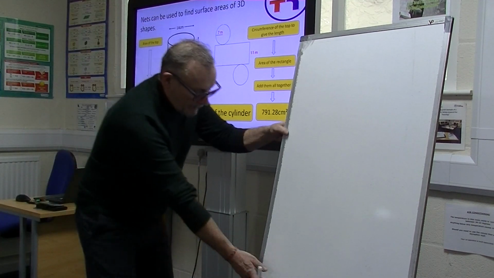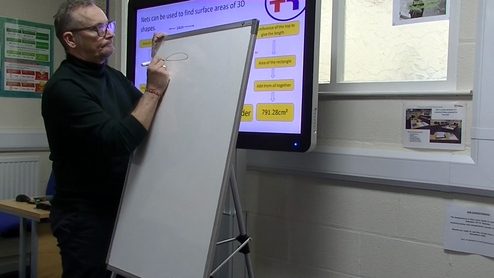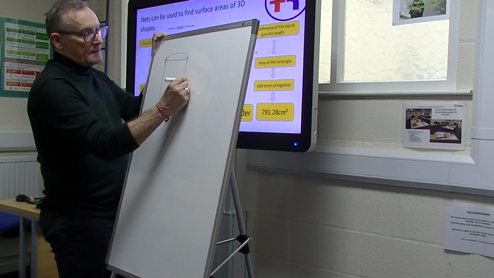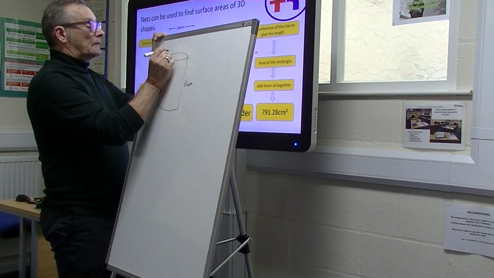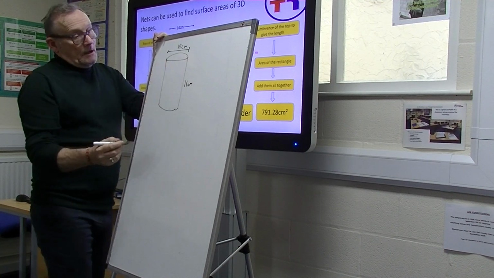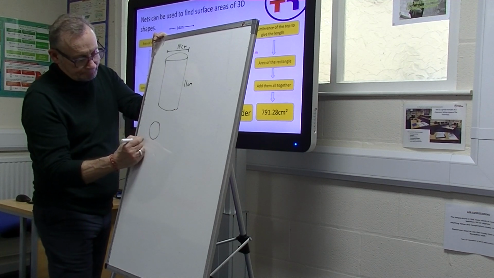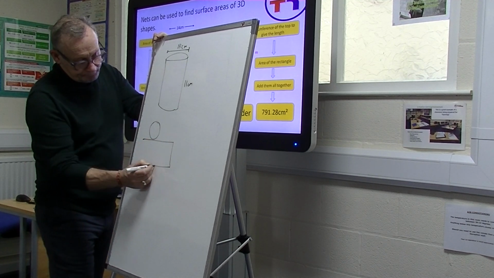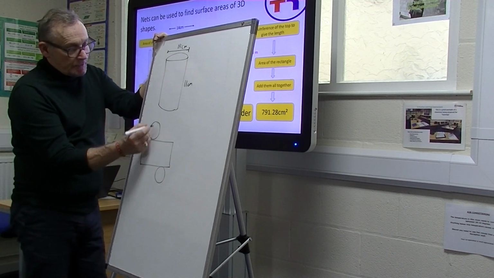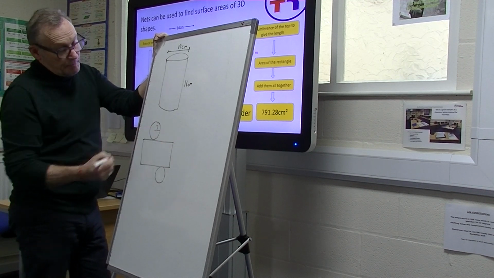Yeah. So, we've got our cylinder. It's 11 centimetres tall. So the net of our shape is top, cylinder, bottom. We know that the radius, which is what we need to work out the area, is 7.